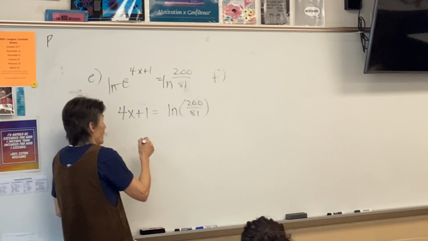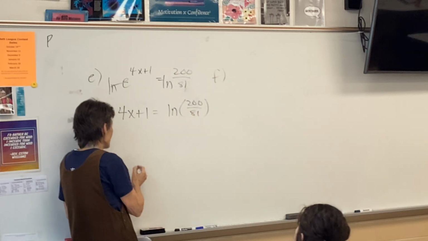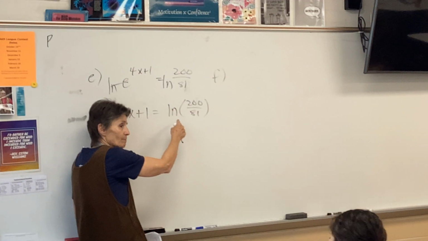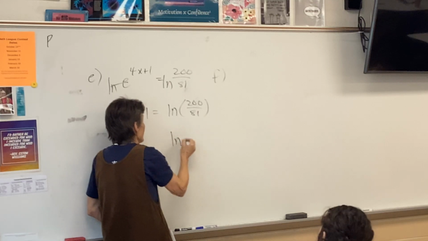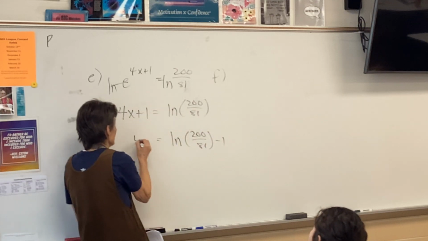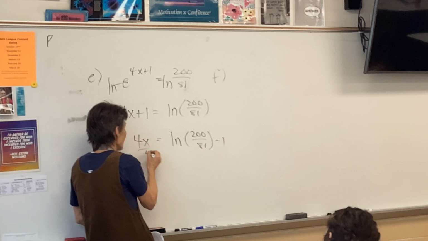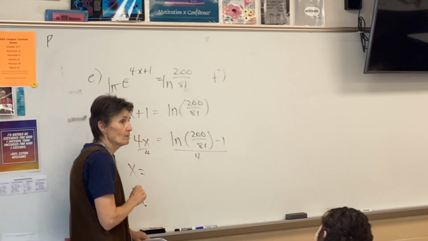Now, I know I can type that right there into my calculator, but to get x, I'm going to have to take that and subtract 1 from it. So ln 200 over 81 minus 1 is going to be 4x. And then I have to take all of that and divide it by 4.